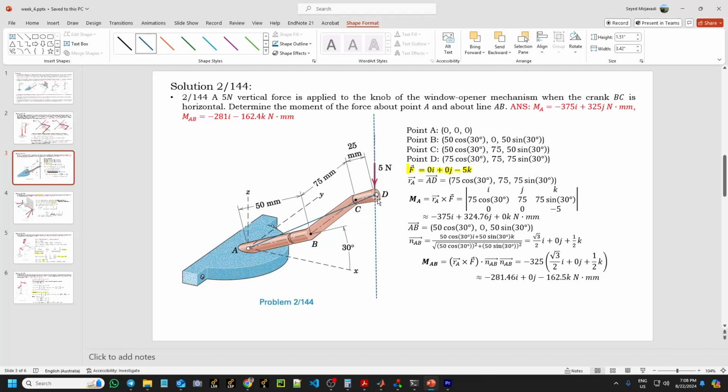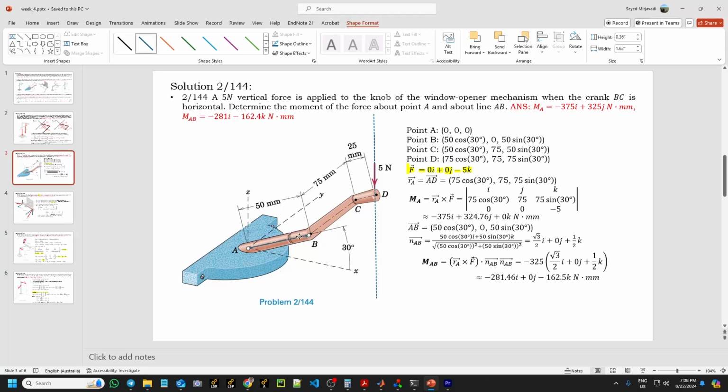So we need to find AB first. The length of AB is 50 millimeter. We will put all of the dimensions in millimeter, because we don't have any meter, and then we will change it to meter later if you want. So this will be 50 cos 30.